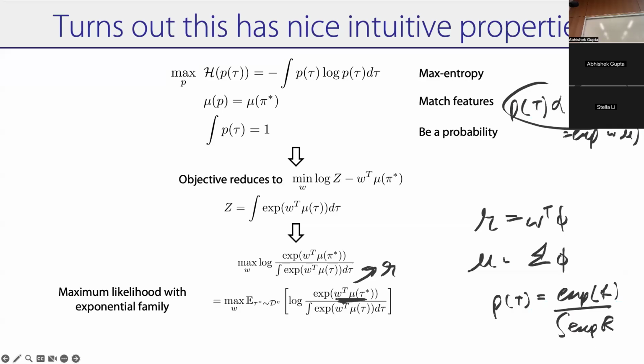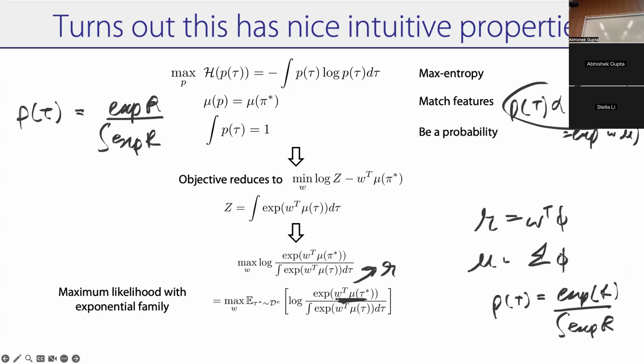So we went through all this algebra. Next time you do this, don't go through the algebra. Just think about it this way. Whenever you do maximum entropy, it almost always reduces to saying your likelihood of your trajectory is proportional to the exponentiated reward. If reward is higher, your trajectory is more likely. If reward is lower, your trajectory is less likely. So when you have a maximum entropy objective, you can say your likelihood of a trajectory is exp of the reward divided by the integral of exp of the reward, and then all you're going to try and do is maximum likelihood with this.